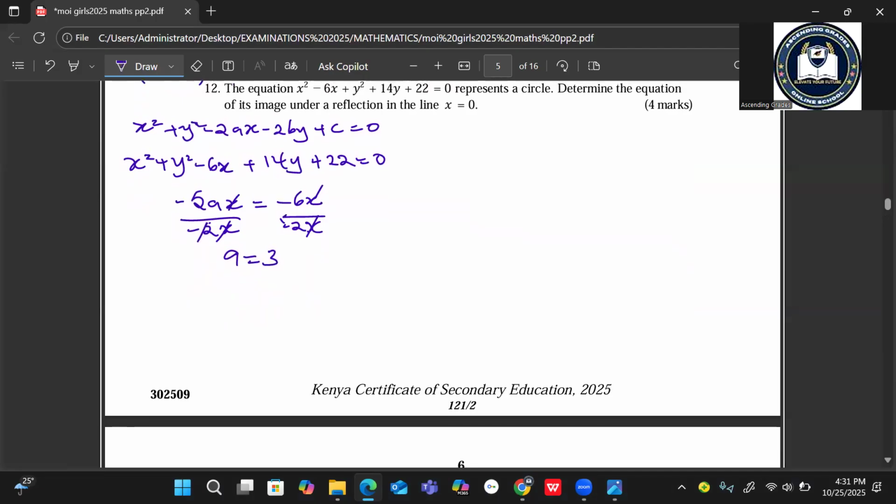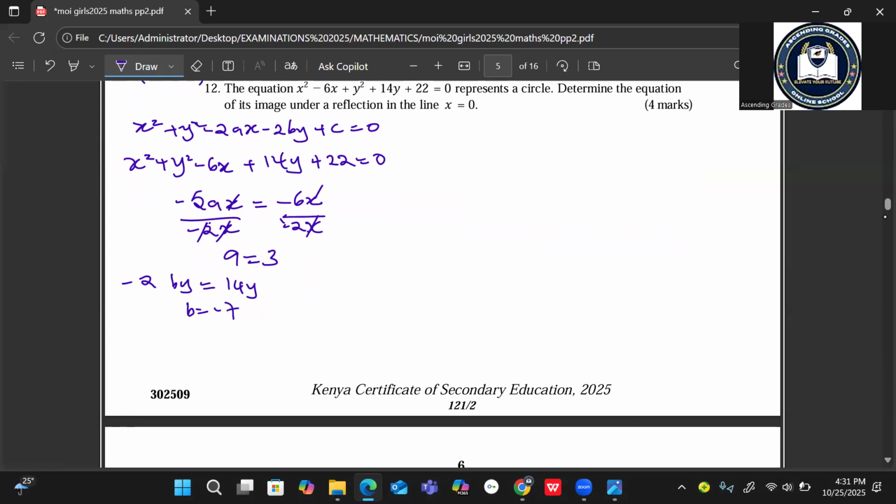Now negative 2by is equal to 14y, so you look for the value of b. So b is going to be -7.